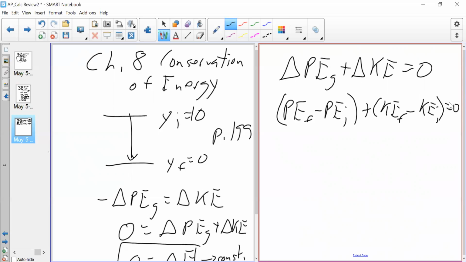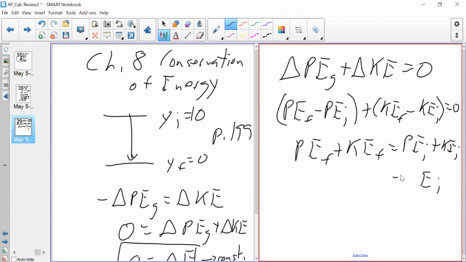And then we just put all of the initial terms together and the final terms together. So the initial mechanical energy, technically, is equal to the final mechanical energy.